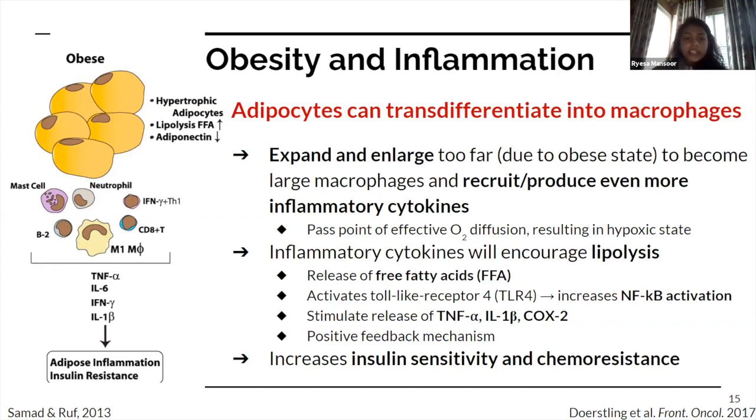Also, these increased inflammatory cytokines will encourage lipolysis, leading to an increase in free fatty acid circulation, which also stimulates release of more inflammatory cytokines. It's a big positive feedback mechanism, which I will go into in more detail on the next slide. Another point is that this whole cascade will also increase insulin, not insulin sensitivity, I meant insulin resistance. That is a typo, I'm sorry, I'll fix that. It will increase insulin resistance in the individual and also chemo resistance.